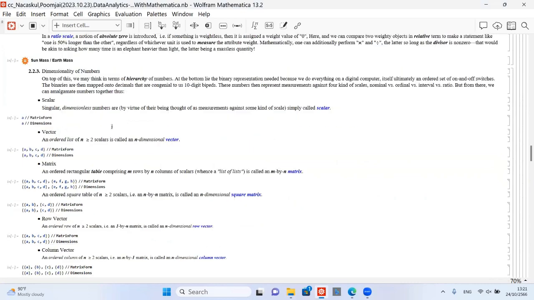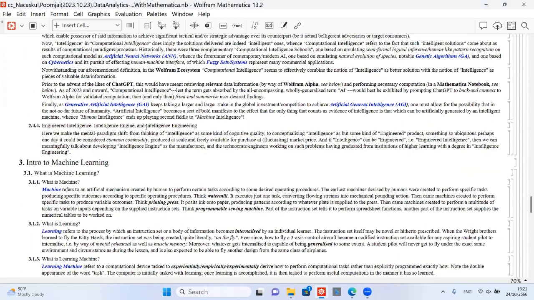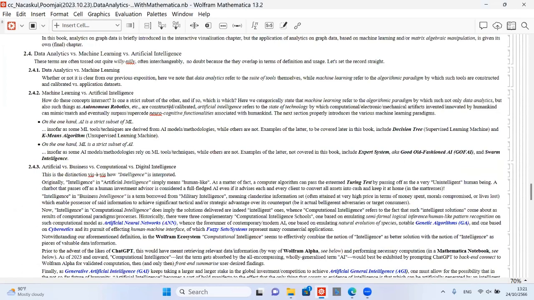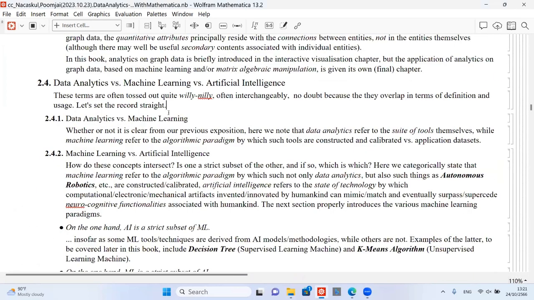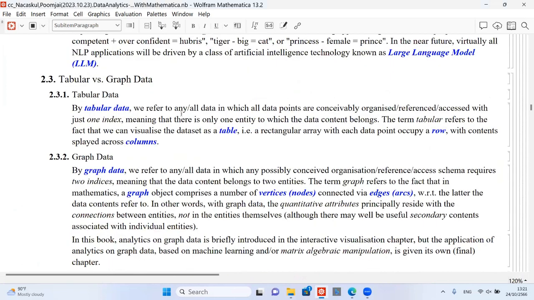In chapter 1, if you go down to a generalization here, there you go. Remember I told you that even though we have big data, the bulk of the data you're going to be dealing with is going to come in a table. What does a table look like? It looks like a spreadsheet.